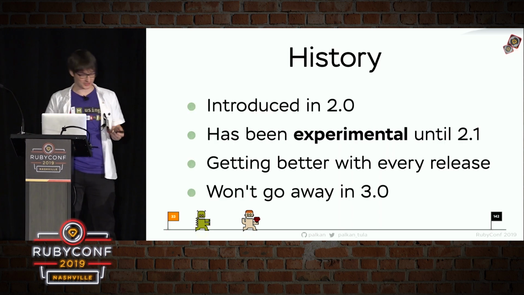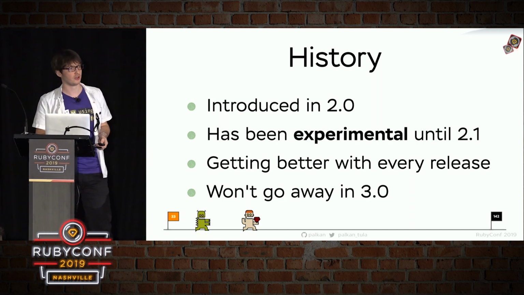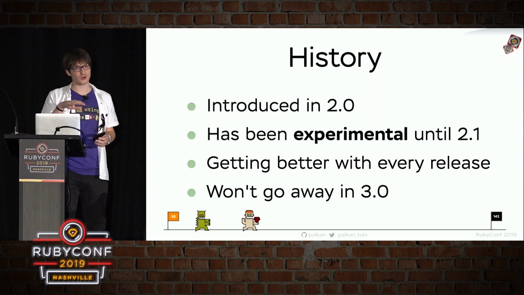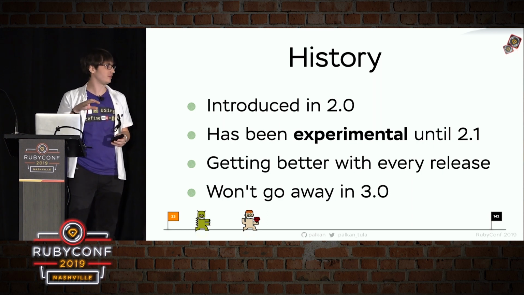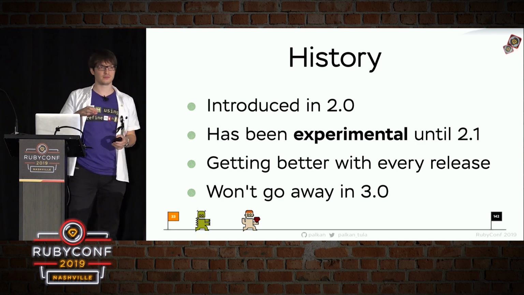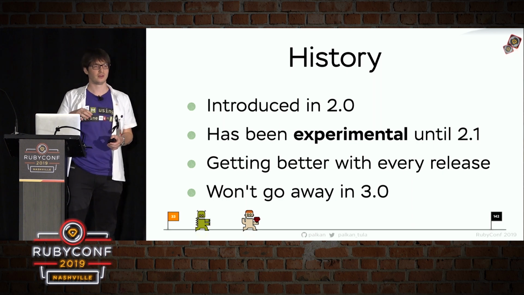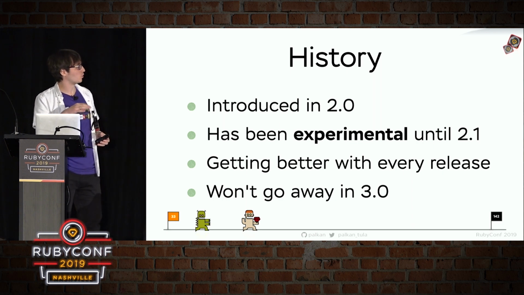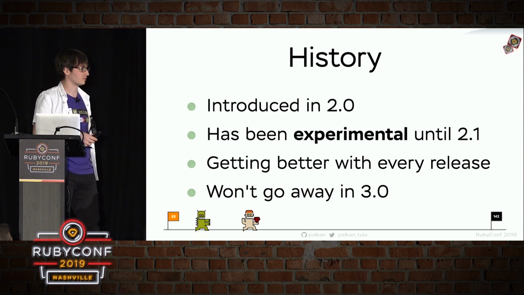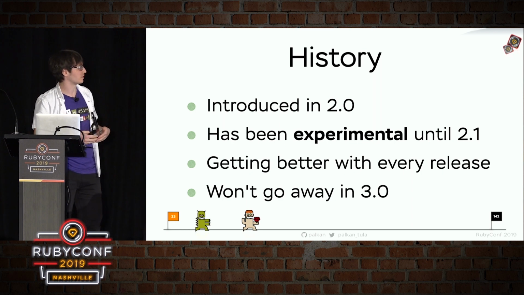Okay, so a bit of history. Refinements are a pretty old Ruby feature. They were introduced in 2.0, but were marked with this very dangerous word, experimental. And even after we removed this label in 2.1, people weren't going to use them anyway, because they were afraid that they were still experimental and would be removed in some future version, because there were some talks like this.